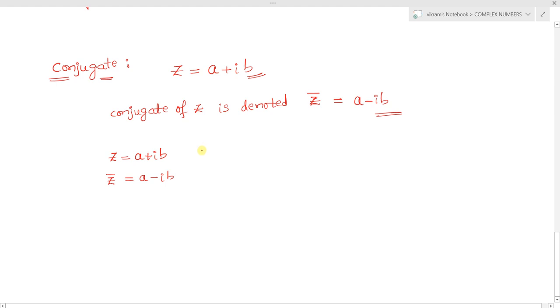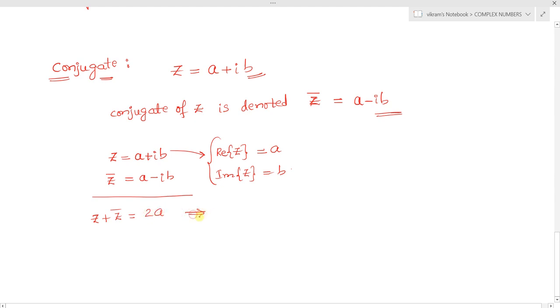In the complex number z, the real part is a and the imaginary part is b. Now how do we express the real part in terms of the complex number and its conjugate? If we add these two, z plus z conjugate equals 2a.